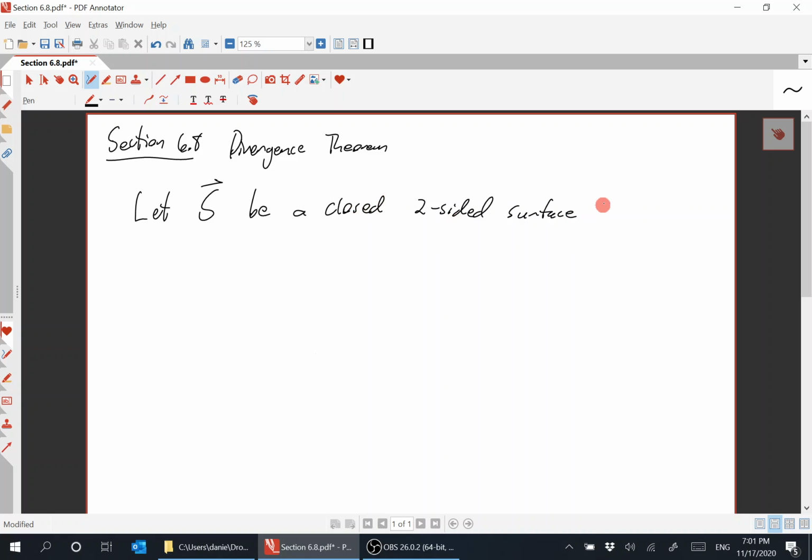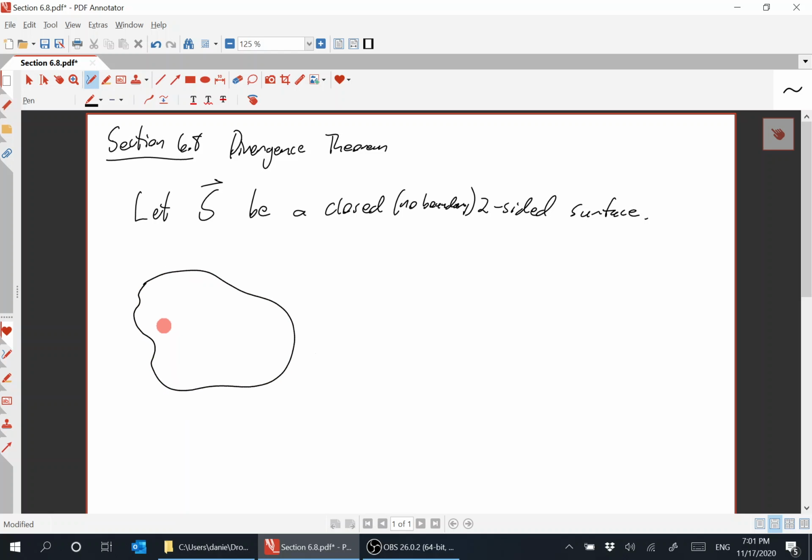Closed two-sided surface. So closed meaning no boundary. So mainly we're interested in sort of sphere-like objects.